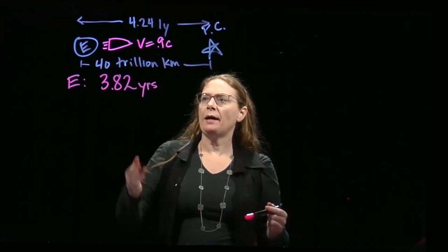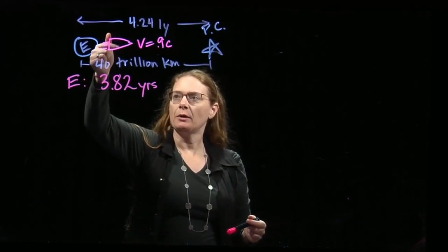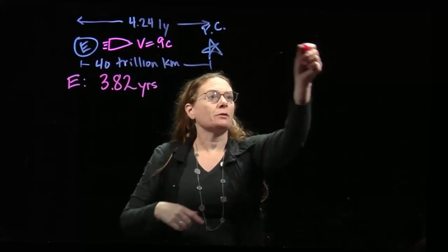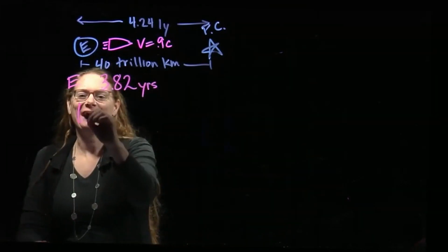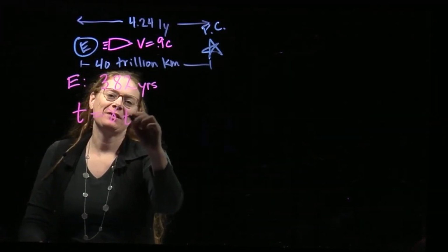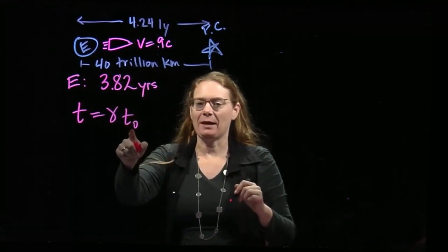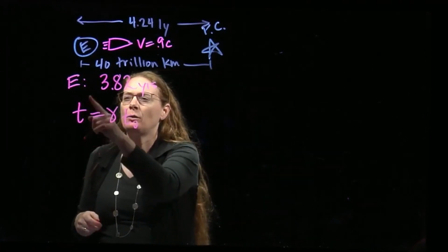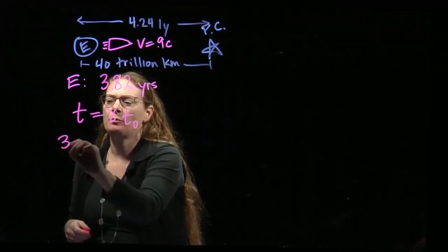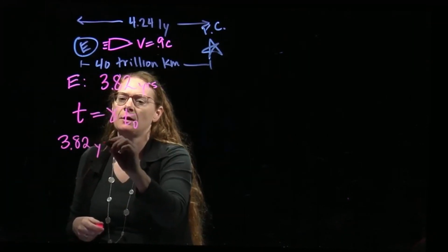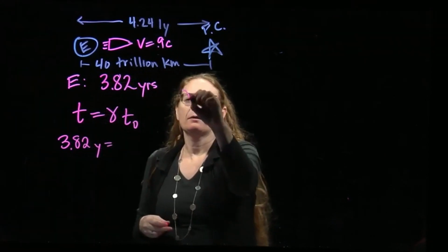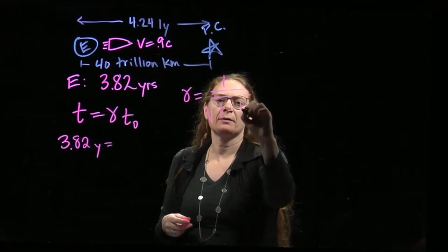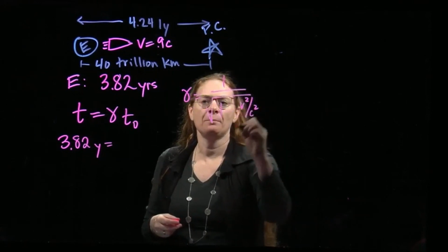But we know that for the person in the ship, it takes a lot less time. And how much time? Well, we have t equals gamma t naught, where t naught is the proper time, the time for the person in the ship. Earth time is 3.82 years, and gamma, if you need a reminder, is 1 over the square root of 1 minus v squared over c squared.